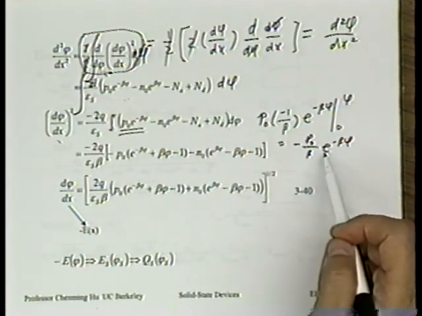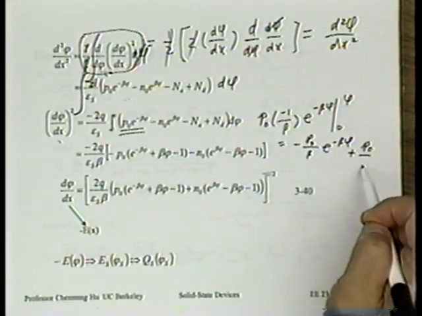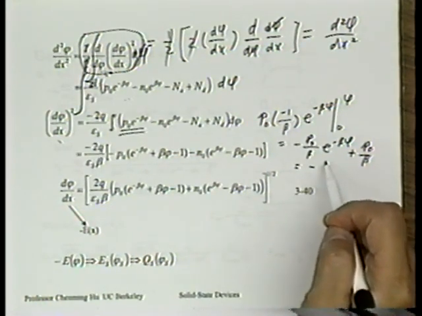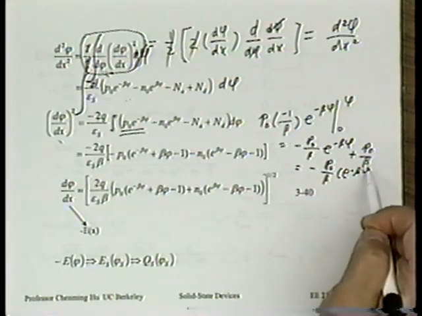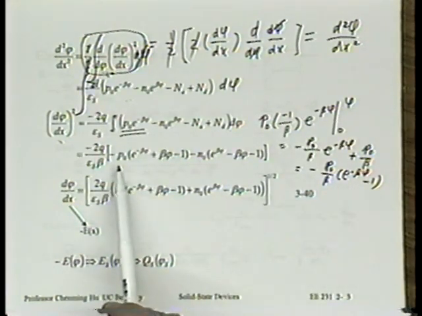Yes? So it's really plus p naught over beta. Or put another way, it would be equal to minus p naught over beta, (exponential minus beta phi minus 1). All right? Okay? Do we find these two terms in what we wrote in the slide?